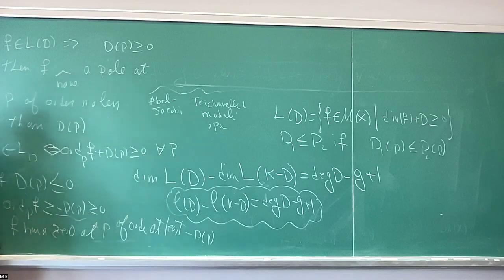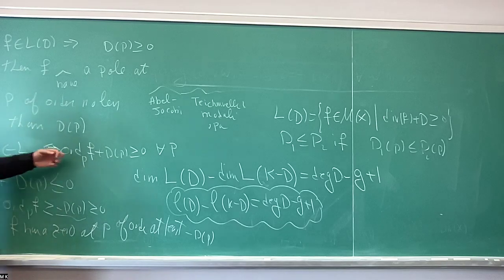You see, we divided the discussion into two parts. This is one part, and this is another part. This is if d_p is negative, and in this case, if d_p is positive.